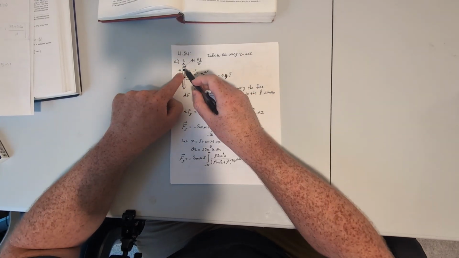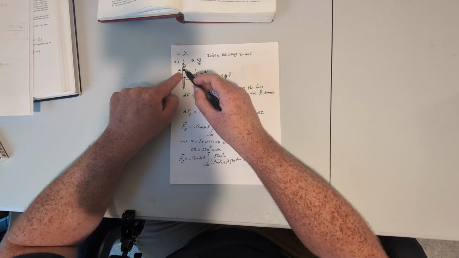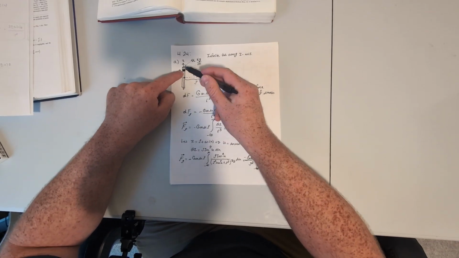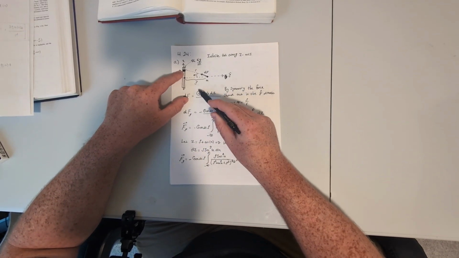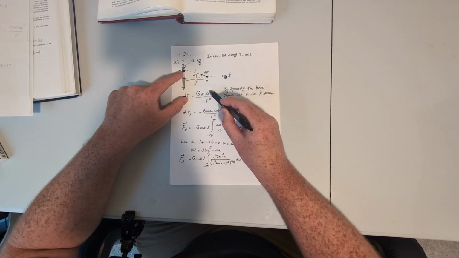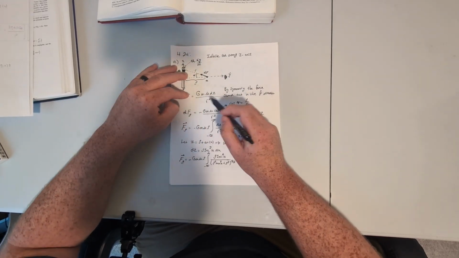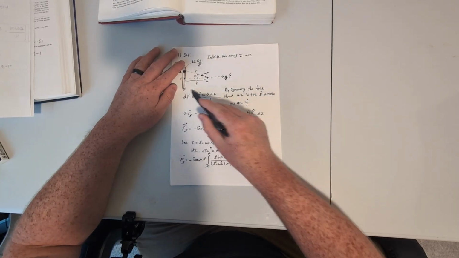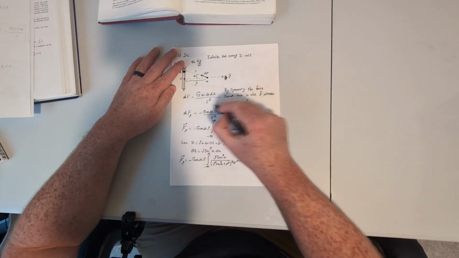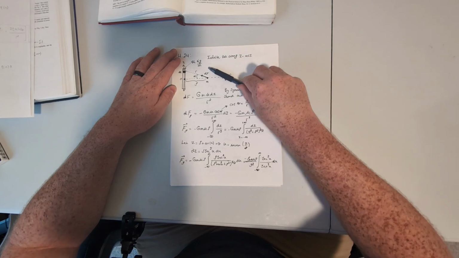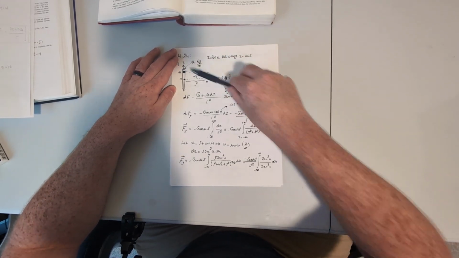So this is the mass of this tiny amount of the rod. So this is the gravitational constant times the mass of the point mass times the mass of the rod segment, divided by r squared. That's just the magnitude of the force. And we know that the direction of the force is going to be in that direction.